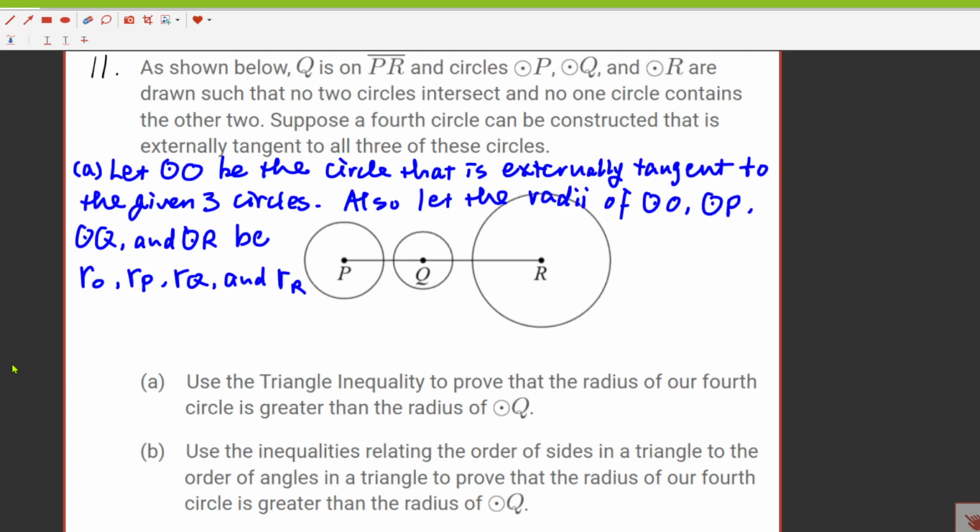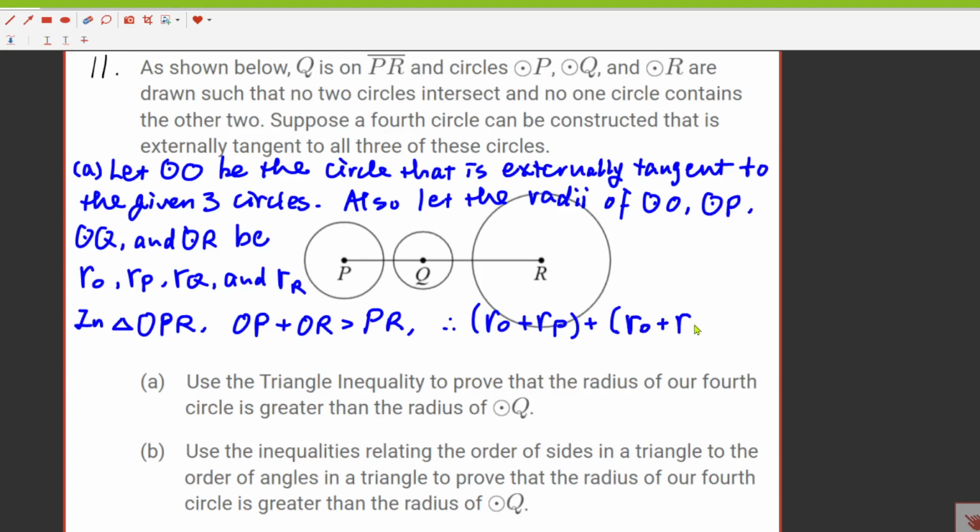So, applying the triangle inequality to triangle OPR, we have OP plus OR greater than PR, right? So we have rO plus rP, that's OP, right? Plus OR is rO plus rR, right? That must be greater than PR.